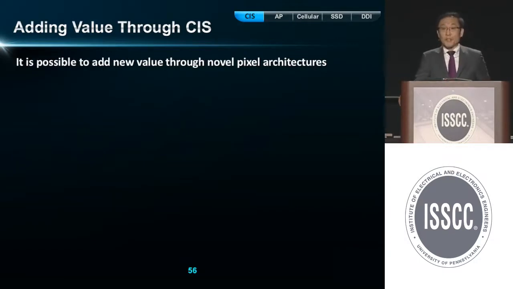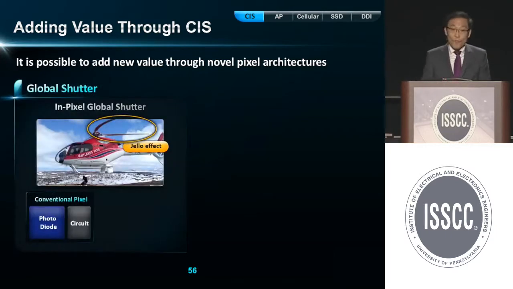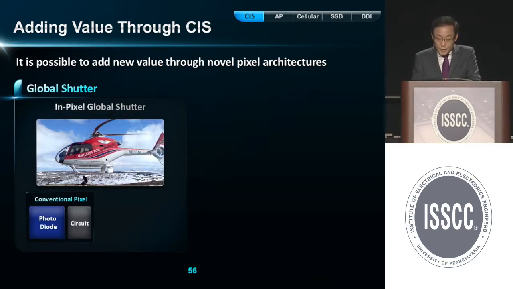Advancement in pixel technology can give new values to CMOS image sensor. There are many new technologies, but due to the time, I will limit myself to 2 examples. The first is global shutter. When you take a picture of fast-moving object, you will see what I call jello effect.